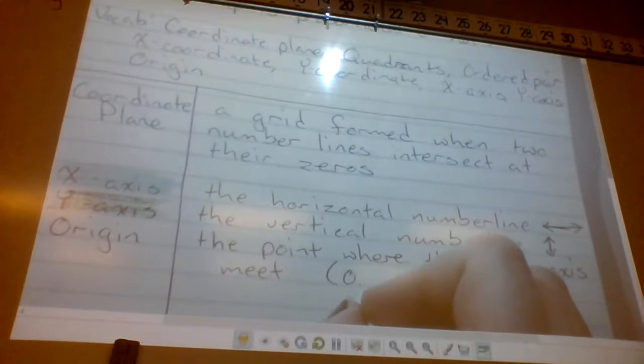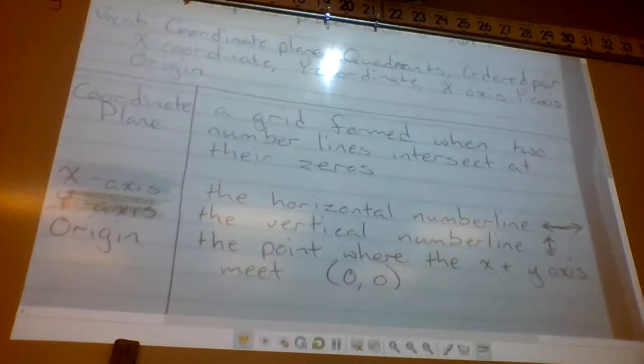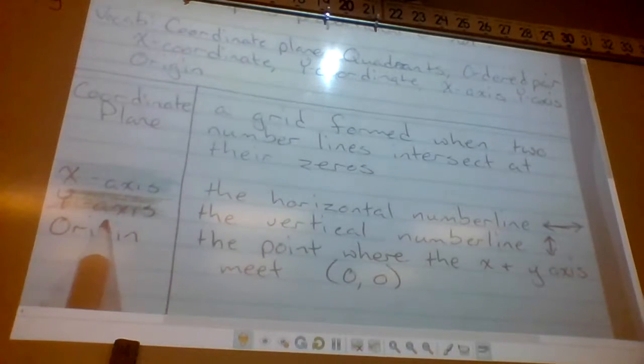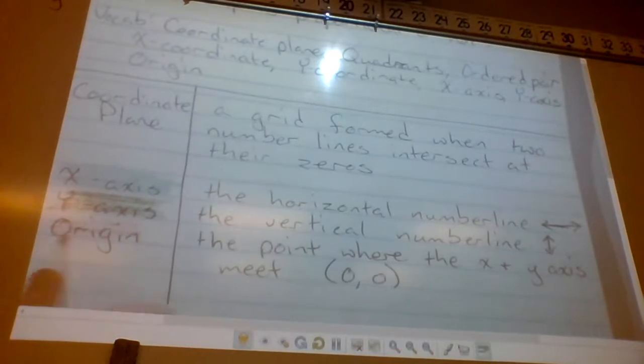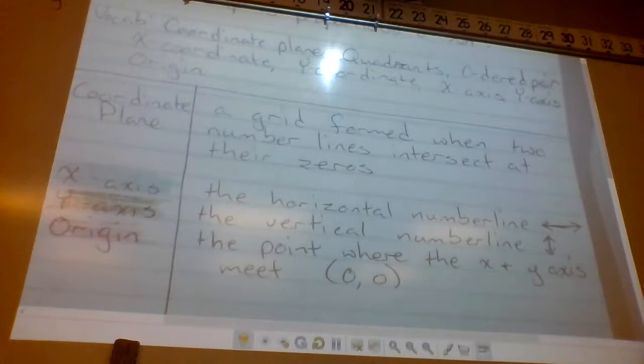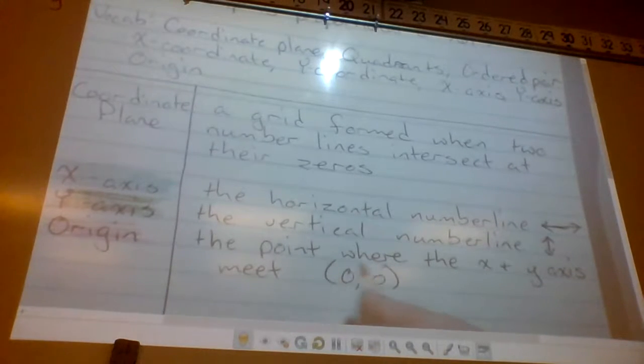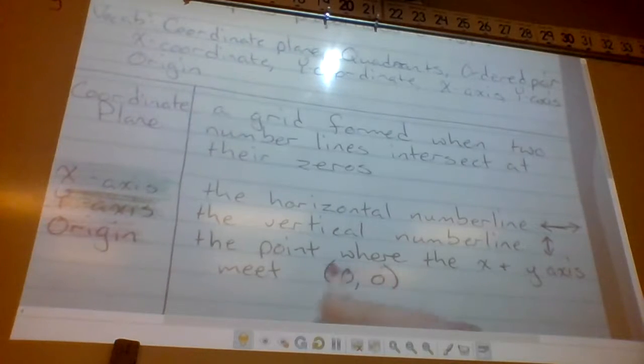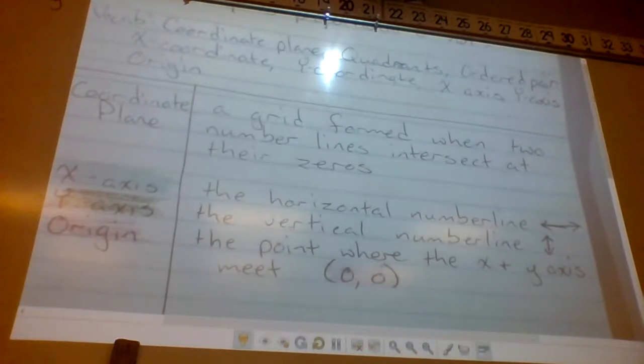That is where 0, 0. This is going to be very important. That origin is extremely important. Knowing this right here is going to help us out a lot on this one.